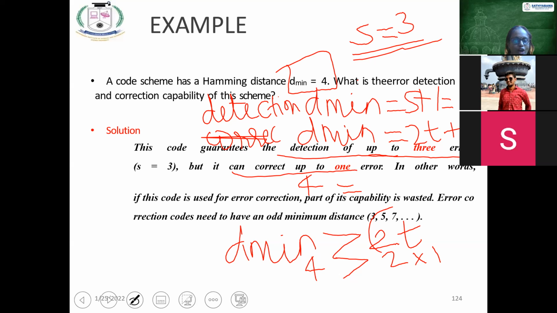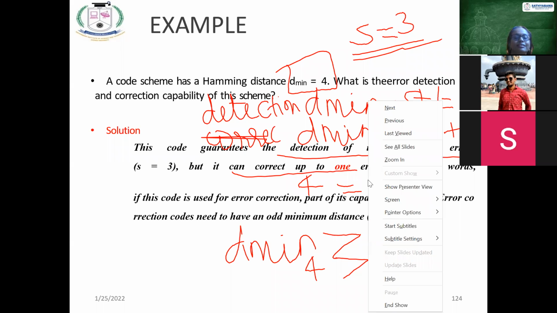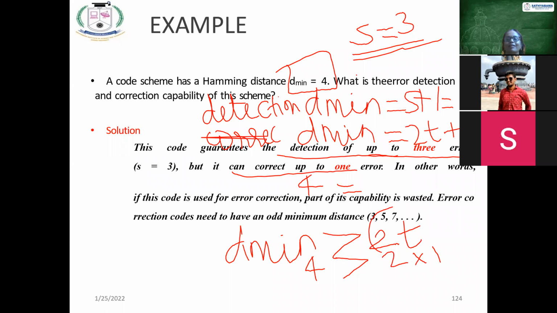Do you have any doubt on this case? Sagar, have you understood that? Yes. We have a guarantee to detect 3 errors because S value is 3. But it cannot correct 3, because my t value is 1.